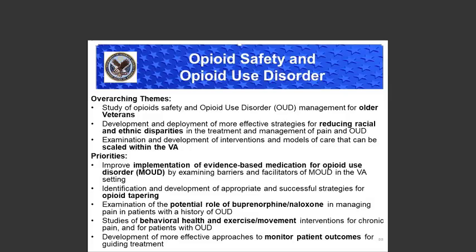The goal of these projects should be to promote collaboration with VA partners and produce evidence that will prove useful to the development and evaluation of new and existing evidence-based practices for veterans, patients taking prescription opioids, and those with opioid use disorder. Some of the priorities are listed on the slide.